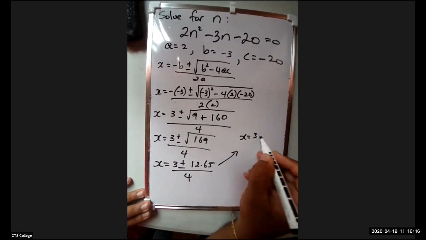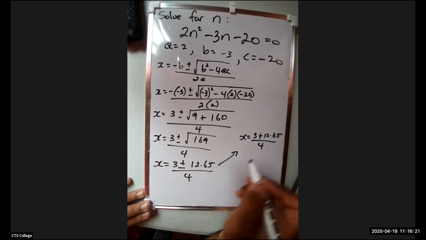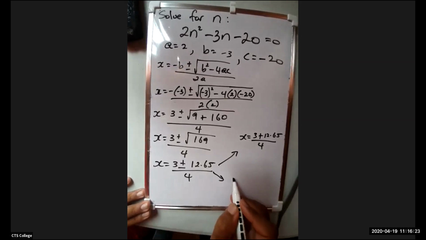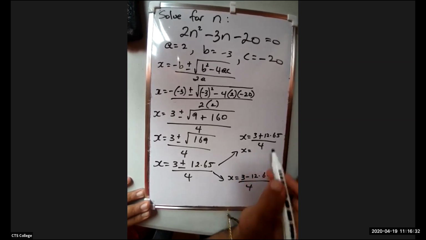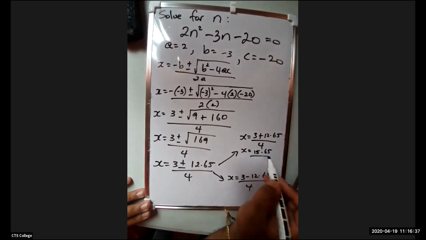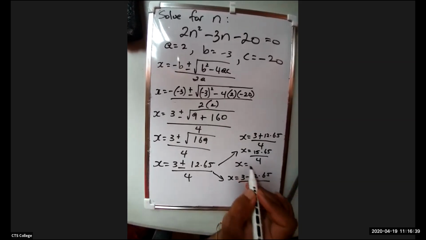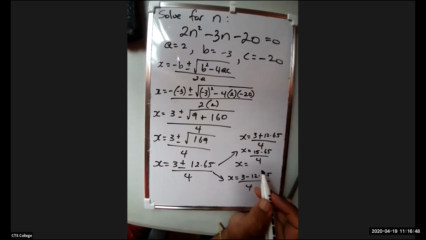X is equal to 3 plus 12.65 all over 4, and x is equal to 3 minus 12.65 all over 4. So x is 15.65 all over 4. Let me just check. 15.65 divided by 4 is 3.9, which is basically 4.